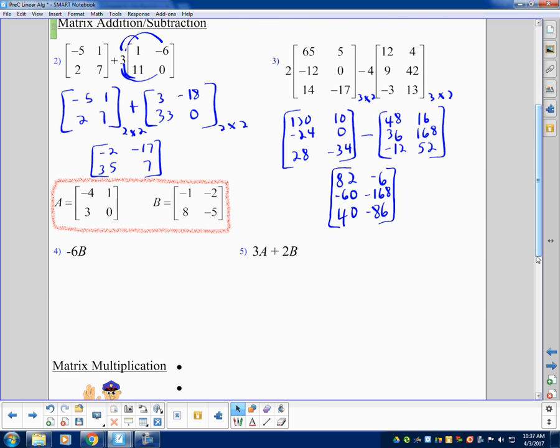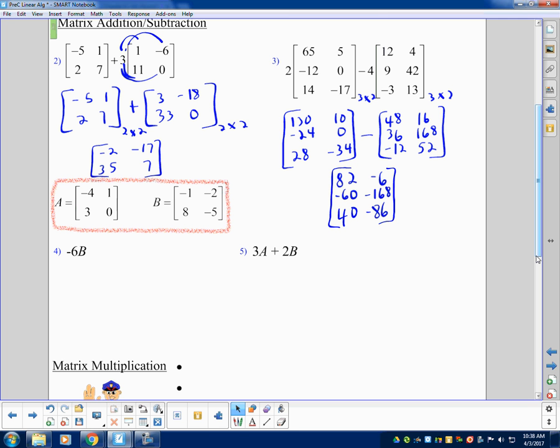Right, so here we have two matrices, A and B. They're both 2 by 2 matrices. And what's nice about matrix algebra is that you can refer to an entire array of numbers as a single letter. That's kind of nice. So I can call this matrix A, this matrix B, and then do these same operations on the matrices.